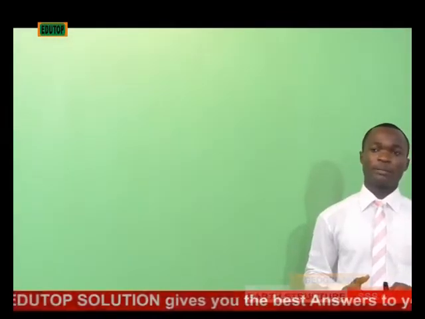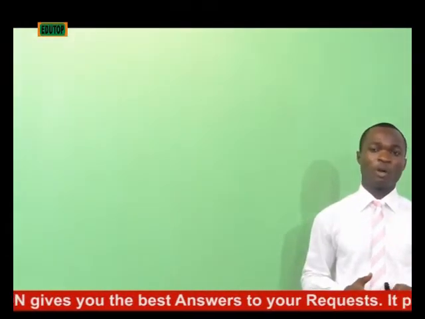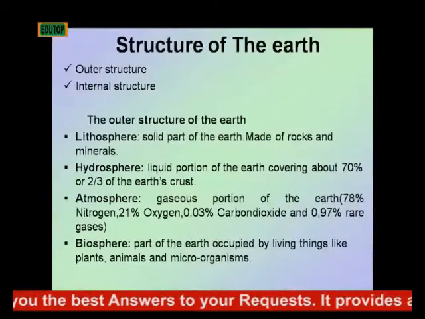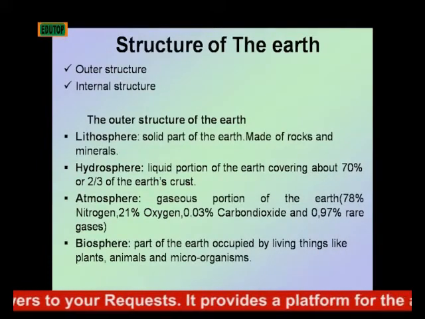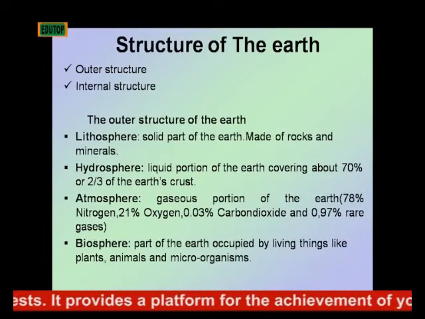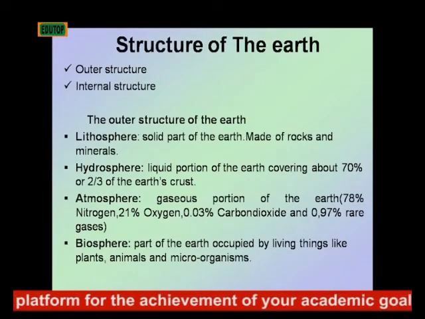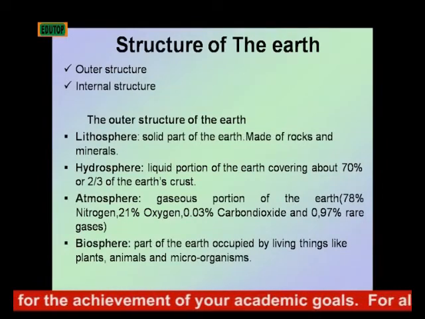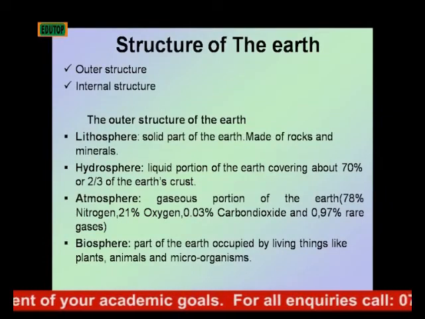Now we'll look at the structure of the Earth. The Earth is structured such that we have the outer structure and the internal structure. The outer structure of the Earth is made up of the lithosphere, the hydrosphere, the atmosphere, and the biosphere.